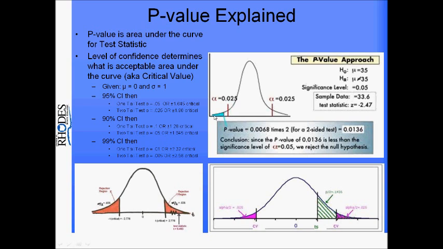So you can see the area under the curve is 0.0136. Now, that is less than that critical value of 0.025. That means we reject the hypothesis. Remember, if it's inside here, we fail to reject. If it's past these values, we reject.